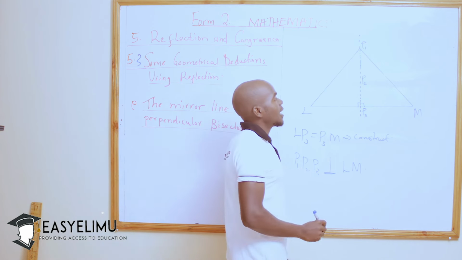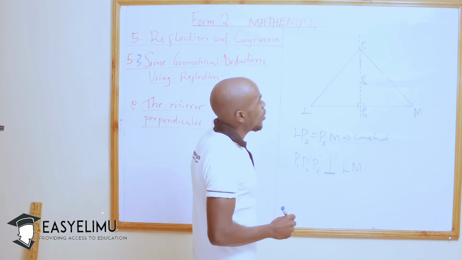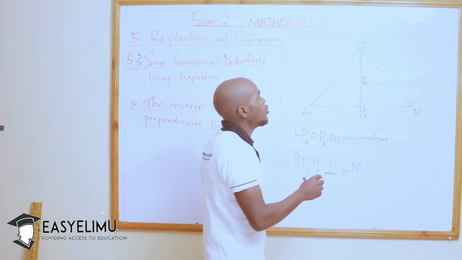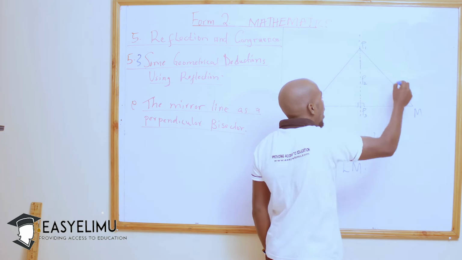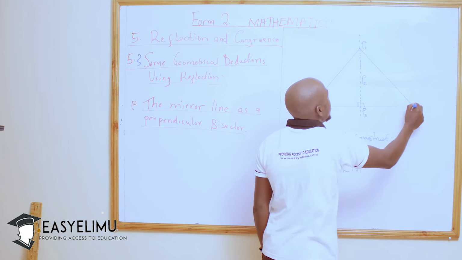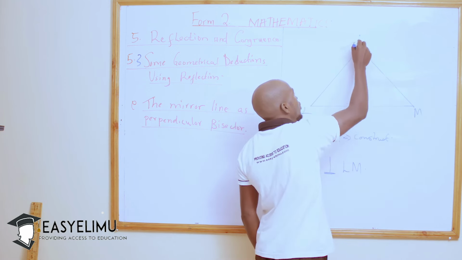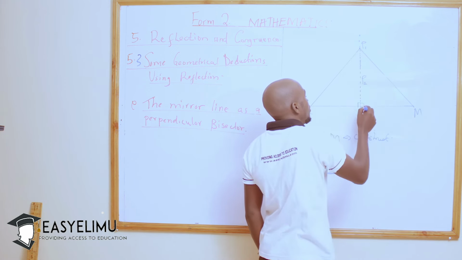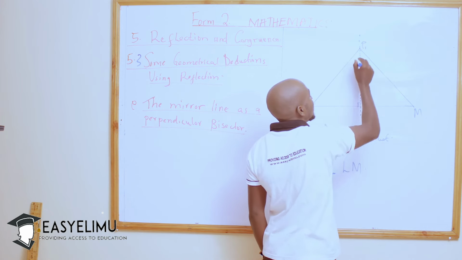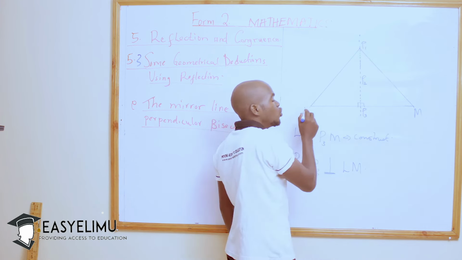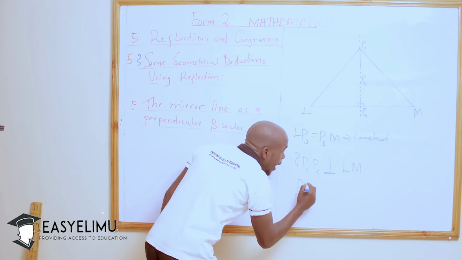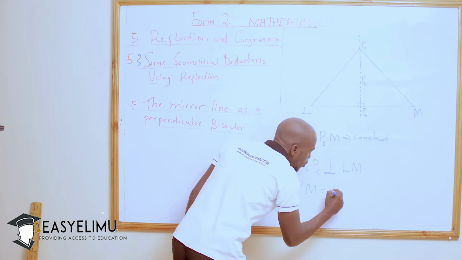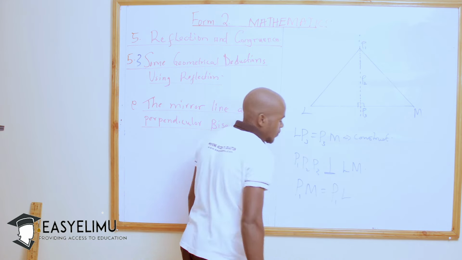So if that is the case, we shall view again that if you move from P1 here to M, and if it is being reflected through this mirror line P1, P2, P3, you will find it the same distance from P1 to L. So meaning that P1M is equal to P1L.